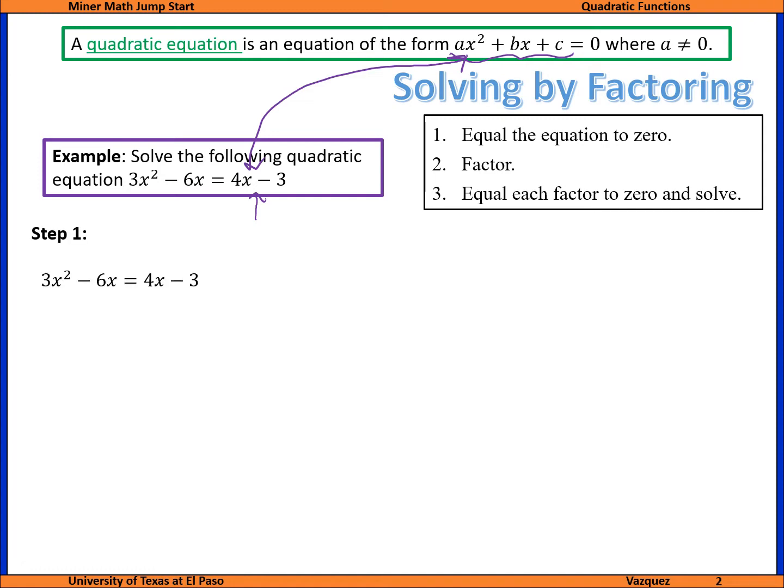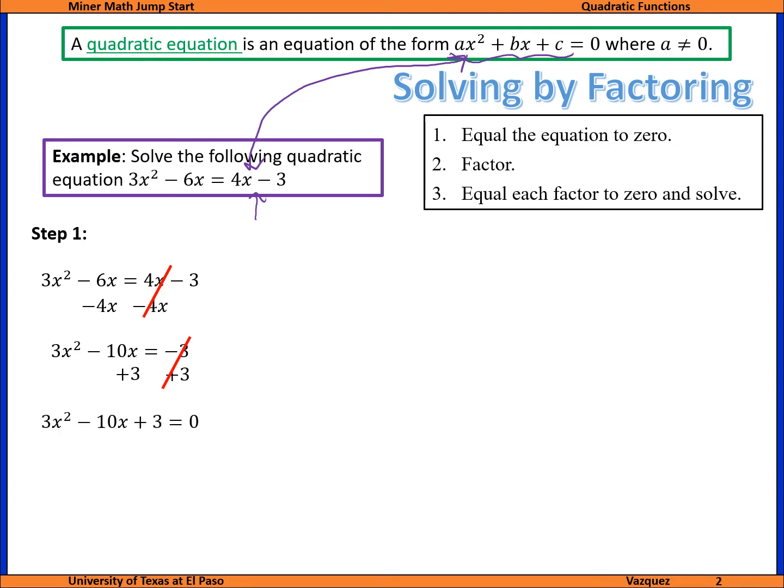First thing, we're going to subtract 4x from both sides. The reason we're going to do that is because these 4x's cancel out now. And negative 6x minus 4x will give us negative 10x. So we have 3x squared minus 10x equals negative 3. After that, we're going to add 3 to both sides so that those 3's can cancel out.